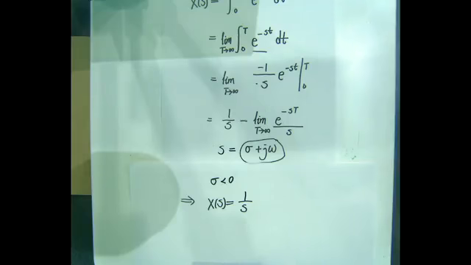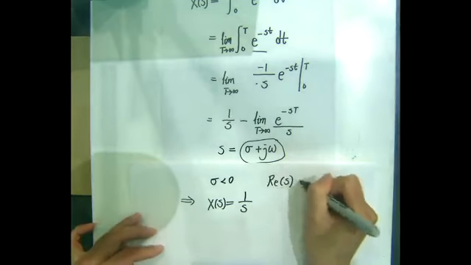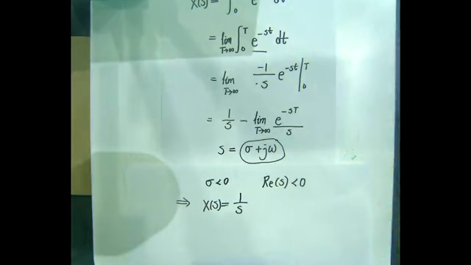So basically, if the real part of my s is smaller than 0, the Laplace transform of this signal will exist. Question? If sigma is larger or equal to 0, this limit will not exist, so you can't find the solution of this integral because it is an improper integral.